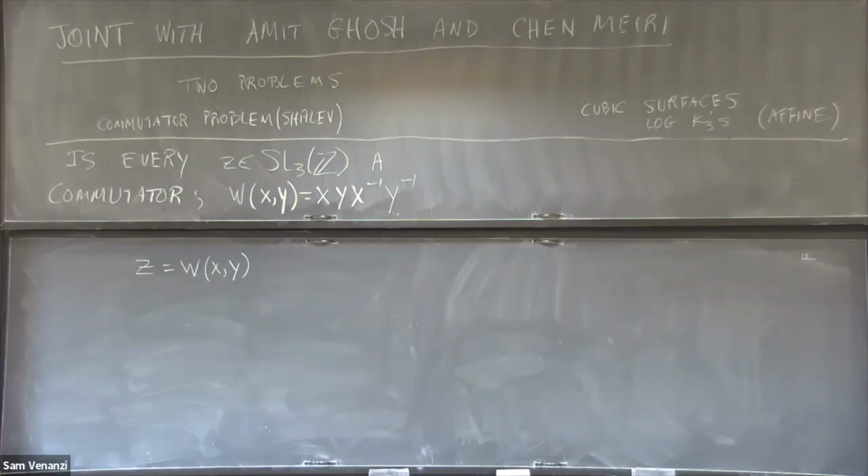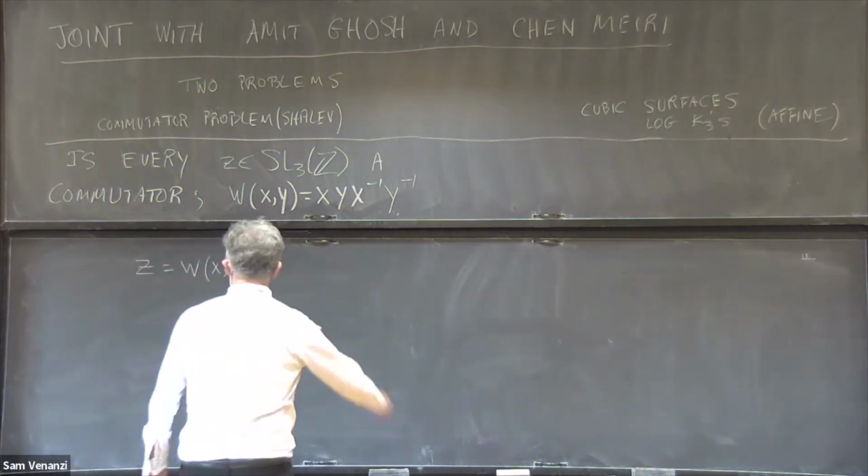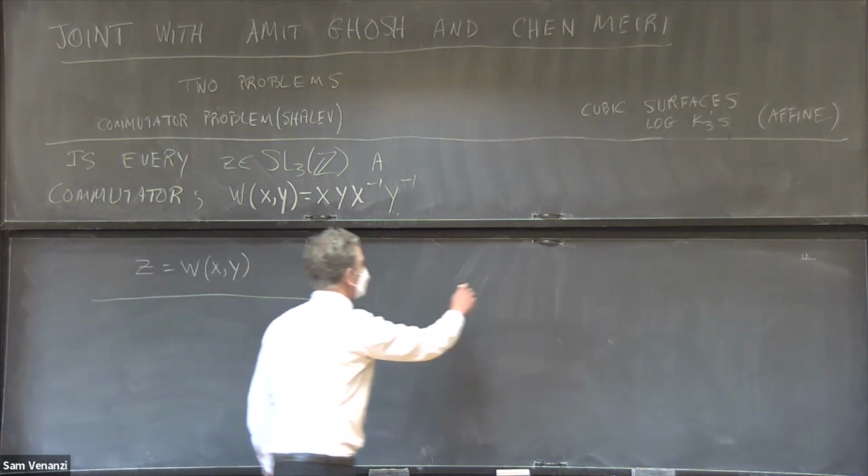Some days I think true, some days false. Lubotzky thinks it's false. Shalev thinks it's true. You can think whatever you want. We know nothing. I'll ask a slightly better question in a second, I think.